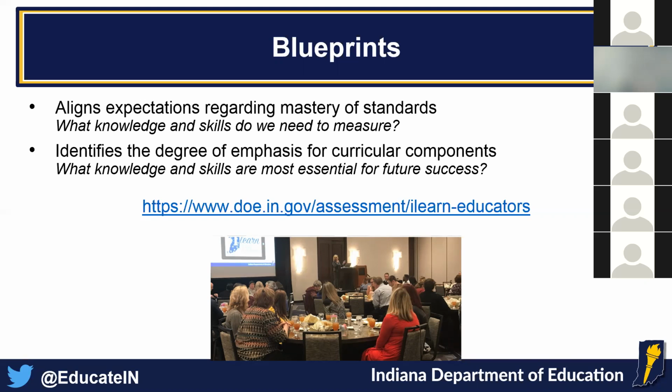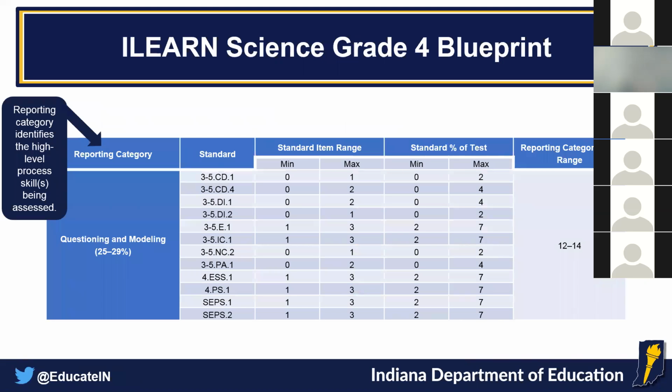And let's go, there we are. The iLearn Science Grade 4 blueprint I've just thrown up. You can find blueprints for all content areas, all grades, and they all have this format. They tell what the reporting category is, and this is the group of standards that the educators felt fit together. For science, the educators decided to go a little different route than we have in the past. In the past, we did reporting categories by content area, with life sciences, physical sciences, earth sciences.